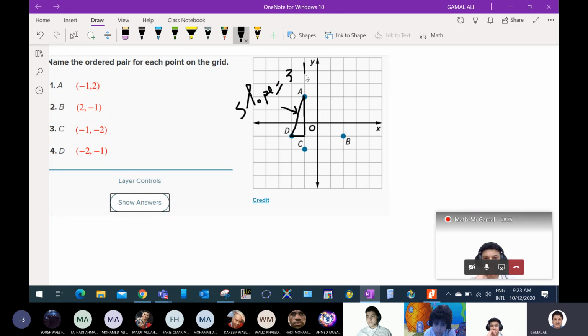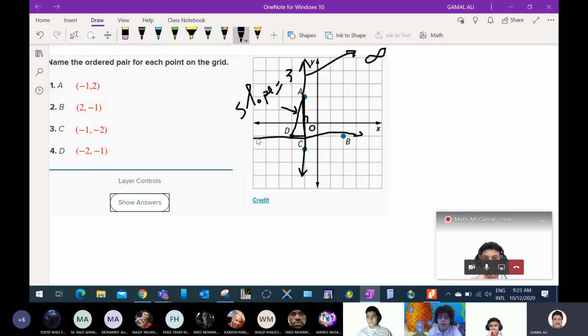AC, look at the AC, guys. This is AC. It is a vertical line, so the angle is 90. So the slope is undefined or infinite. Slope of DB or CB.